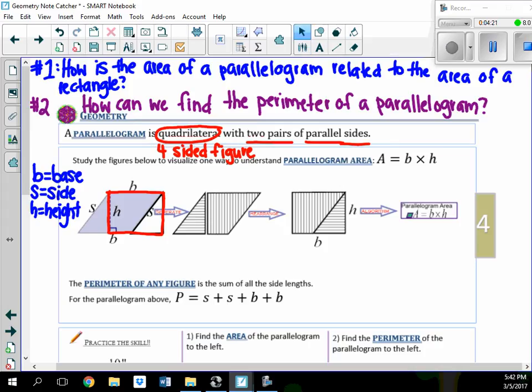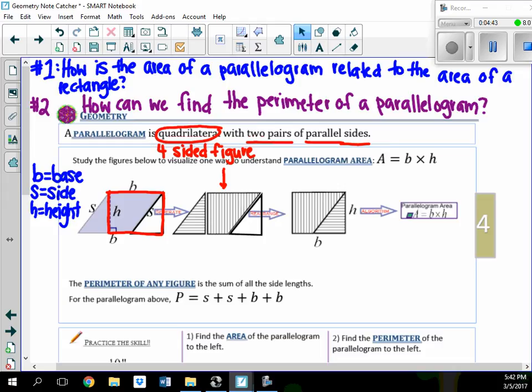So once again, here's our parallelogram here. If we break apart this shape and then move this triangle over, we have a rectangle.